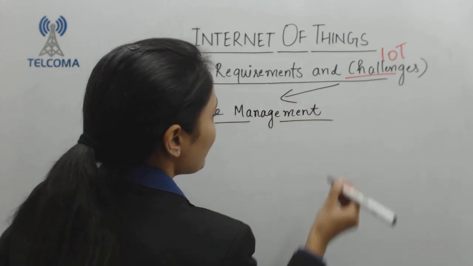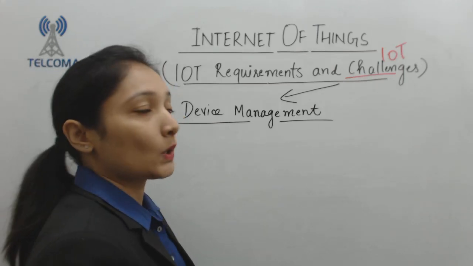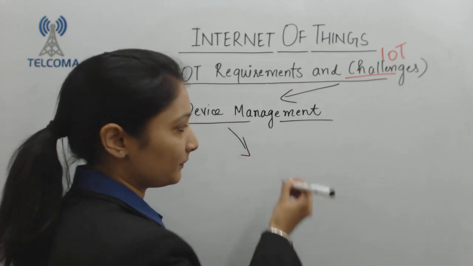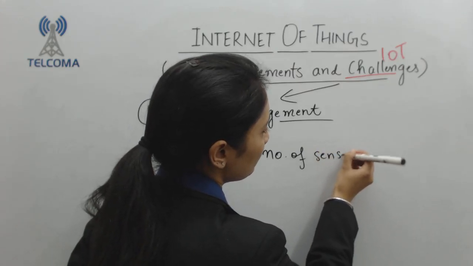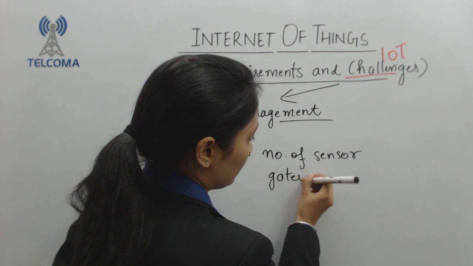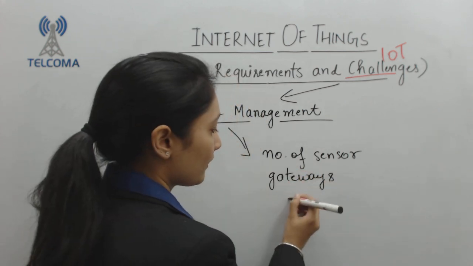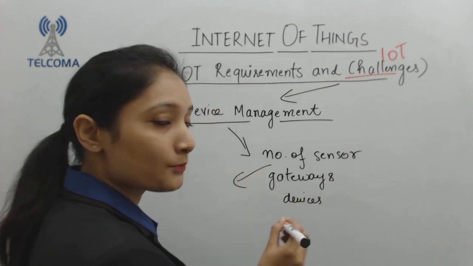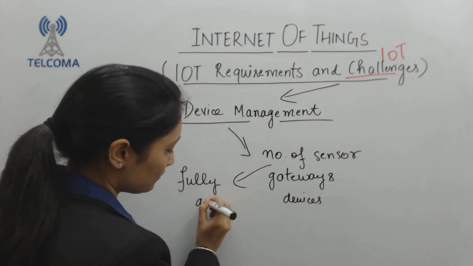Device management is a high grade technology challenge for Internet of Things because we know that there will be numerous sensor devices, gateways, and these devices are supposed to be fully automated.